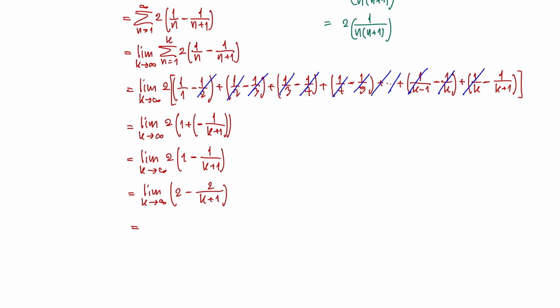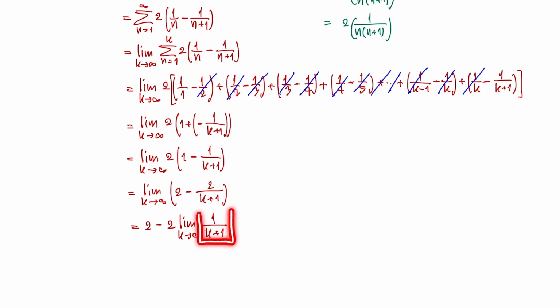But this term does not have k, so we distribute this limit. So it turns out to be 2 minus 2 times the limit as k approaches infinity of 1 over k plus 1. So we have the reciprocal of k plus 1 as k approaches infinity. If the denominator approaches infinity, the whole fraction approaches 0. Okay? So it turns out to be just 2.